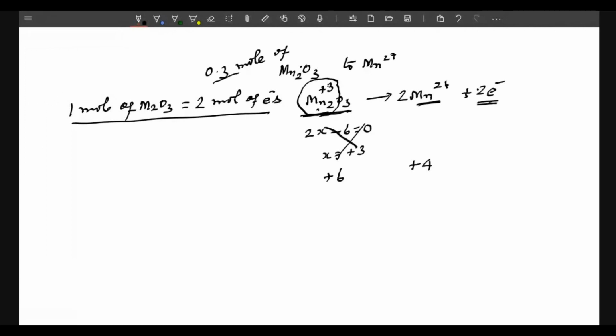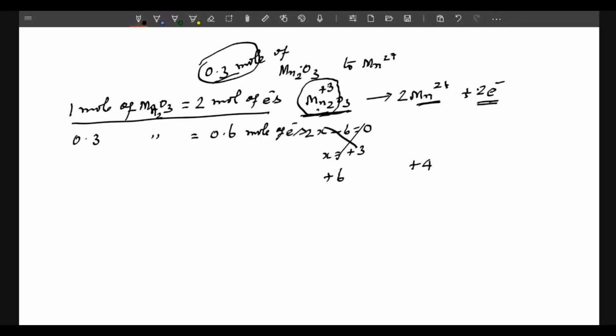After establishing this, then you can give the answer for your question. Here what is asked? For 0.3 mole of Mn2O3, you require 0.6 mole of electron.